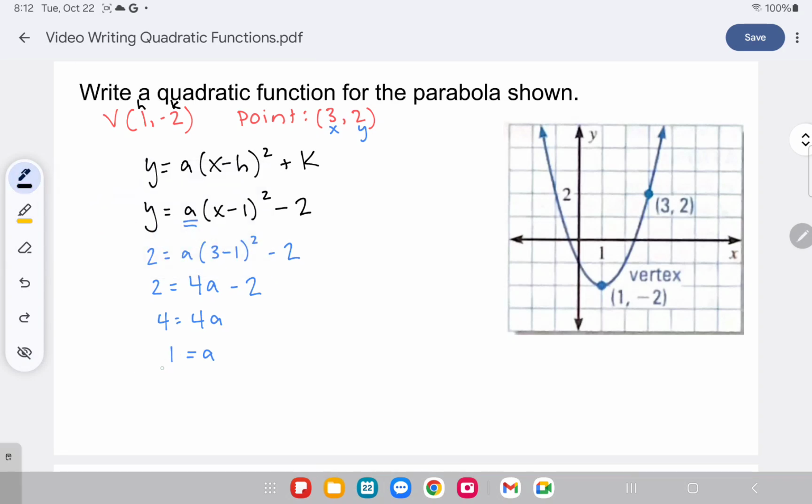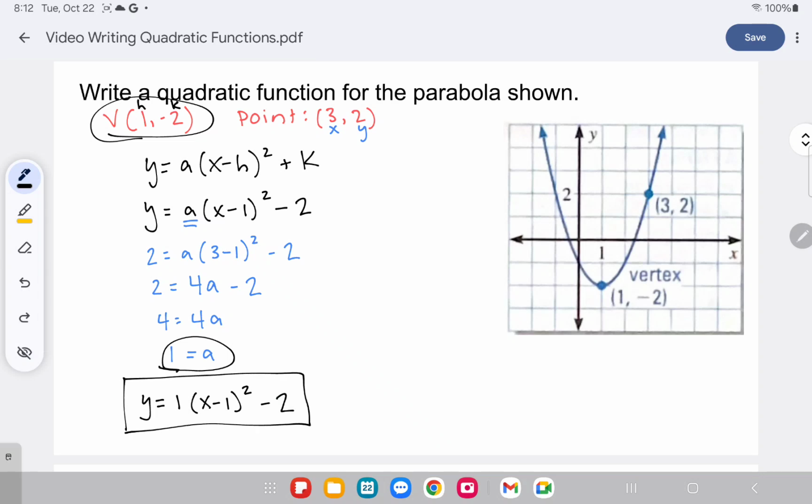So now we know what a is. We know what the vertex is that was given to us originally. Now we can go back and put that in vertex form because those are the only things we need for vertex form. I don't really need that 1 in front for the a, but it doesn't hurt anything to have it there.